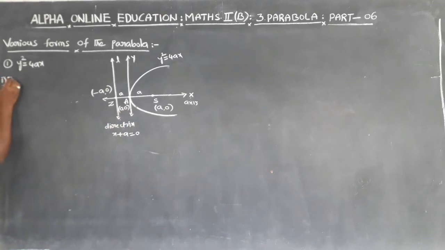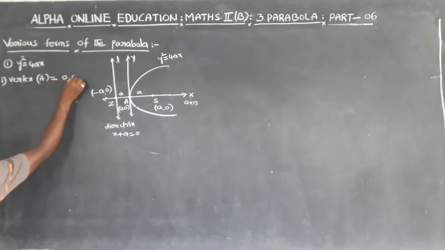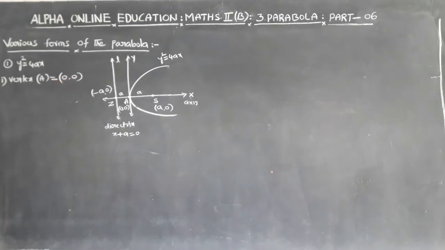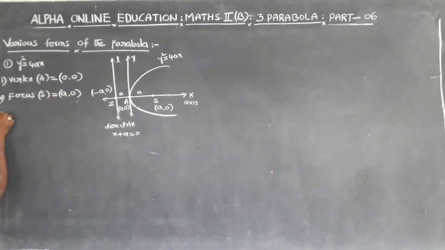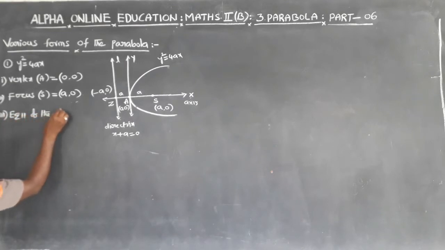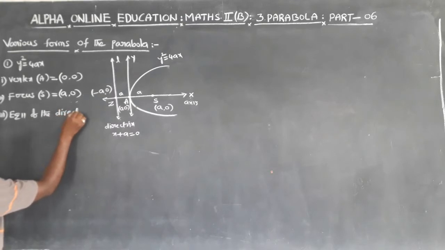Number 1 is vertex. Vertex A is equal to 0 comma 0. Second one is focus. Focus S is equal to small a comma 0. Third one is equation of the directrix.